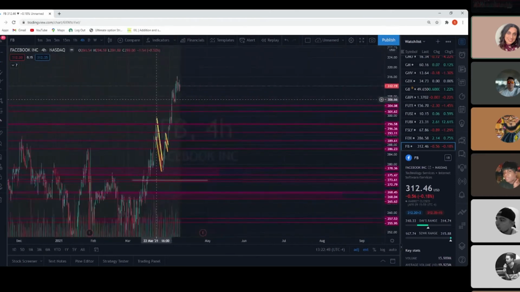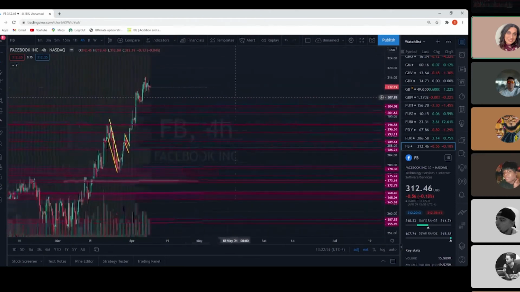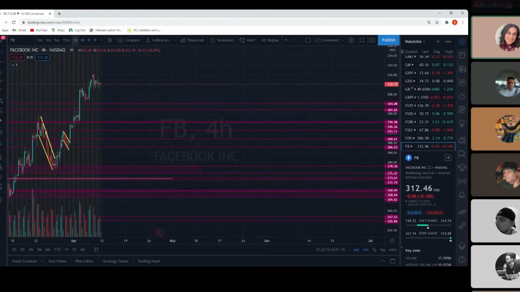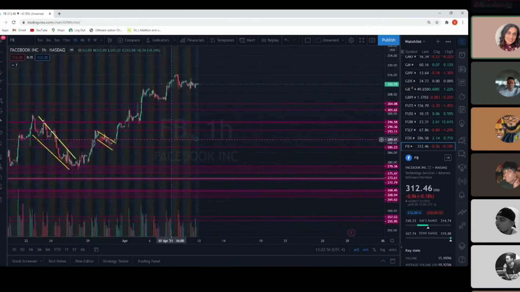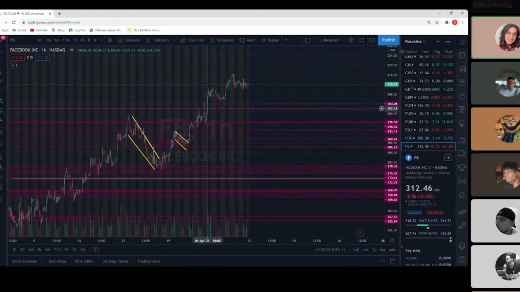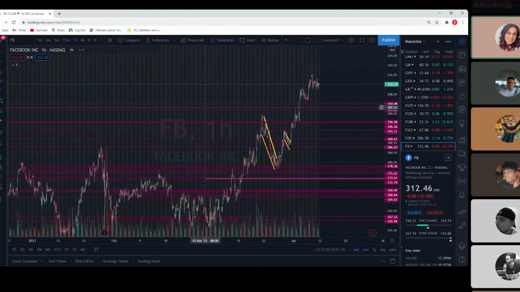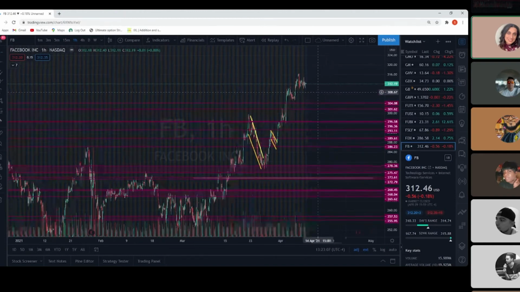That is going to help you because it's touched twice now. That's going to help you figure out, even though recently it didn't base out here, back in September it did. So now you have an idea of where you can grab Facebook again.